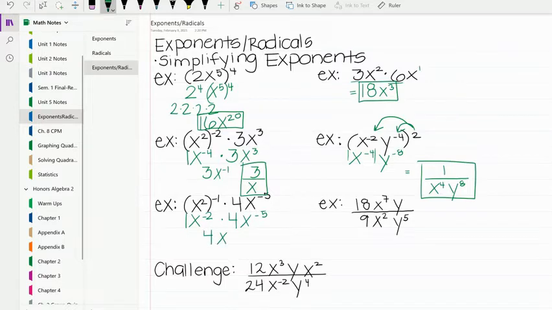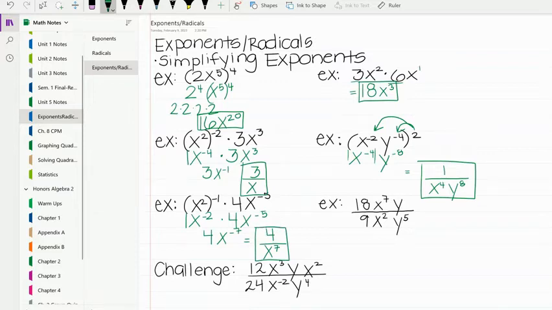Then I know that I'm going to add those exponents. I have a negative 2 and a negative 5, which would be negative 7. But we can't have negative exponents, so on the bottom, it's going to be x to the positive 7. And that 4 is allowed to stay on top because it doesn't have any negative exponents connected to it.